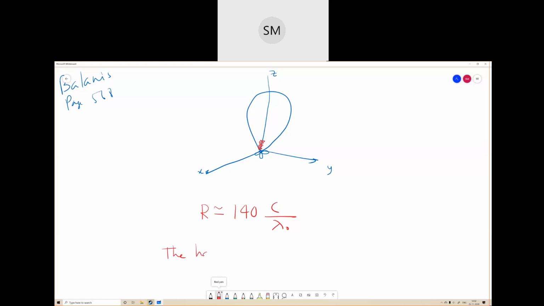The half power beam width is almost equal to 52 lambda naught^(3/2) / (C sqrt(n S)).